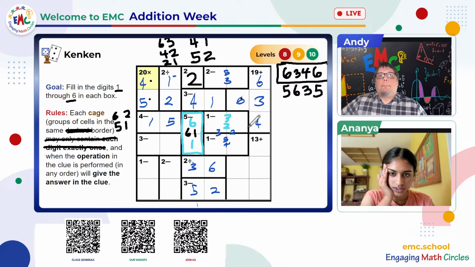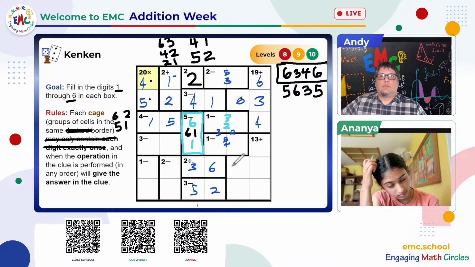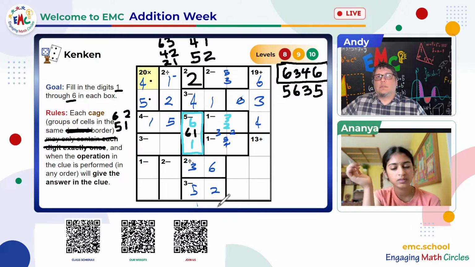And if those are 3, 2, then whichever side 3 is on, the opposite would be the other. And 5 would be on the opposite of whatever 5 is here. So I've got a 1, 2, and a 6. So where does the 4 have to go? In this column.